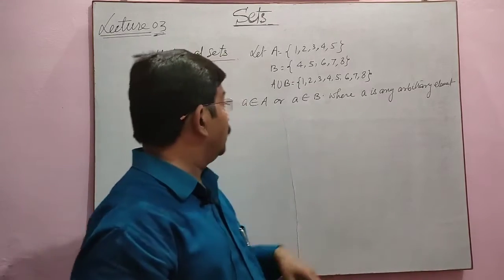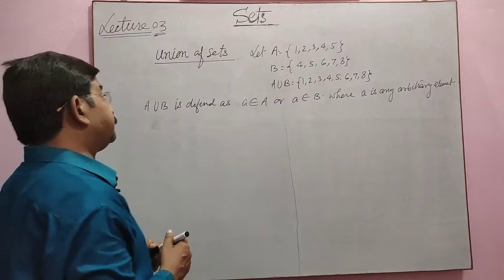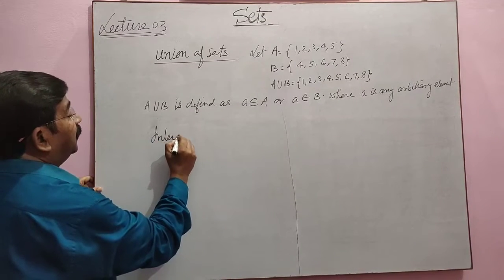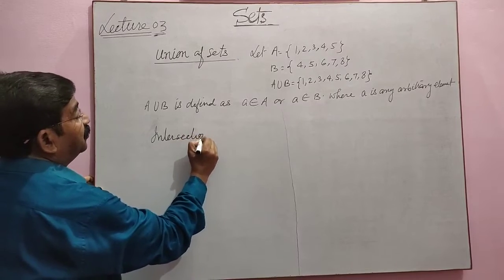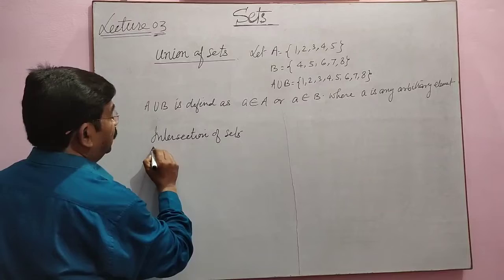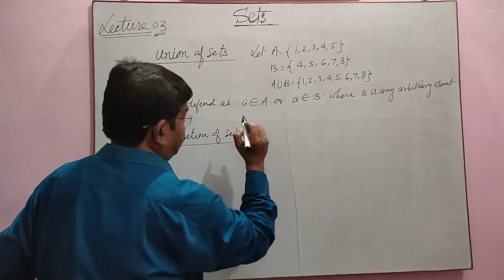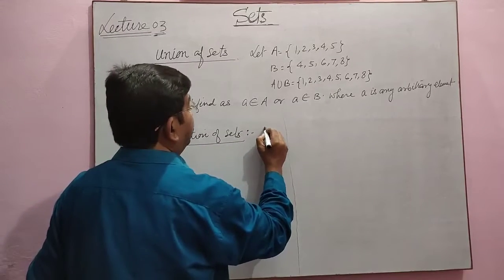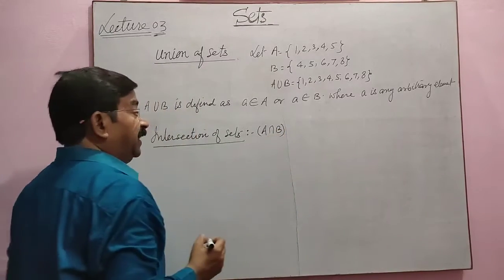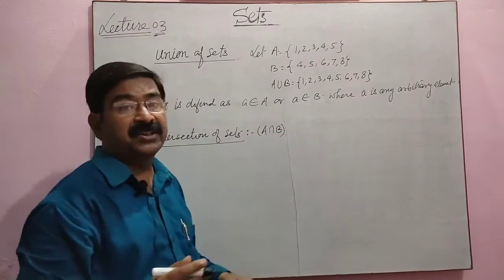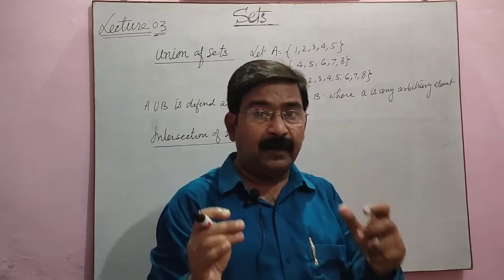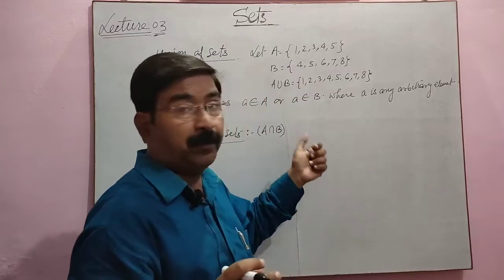Is it? Now the next topic: intersection of sets. We write this as A intersection B. Intersection means common elements in A and B both.